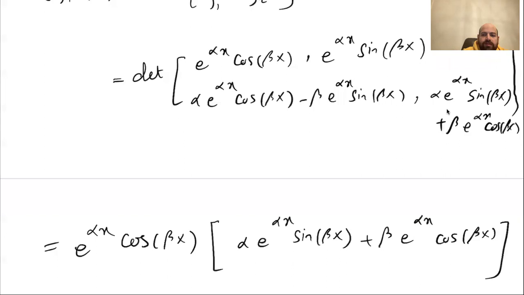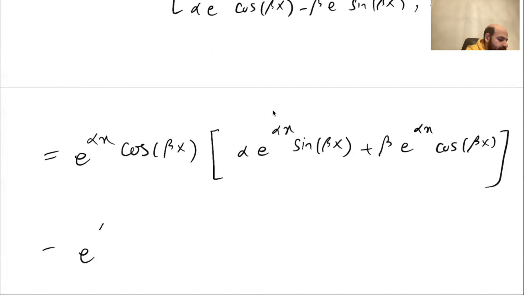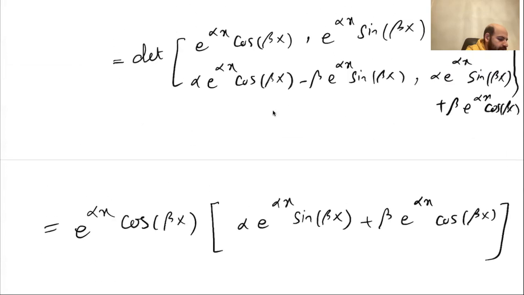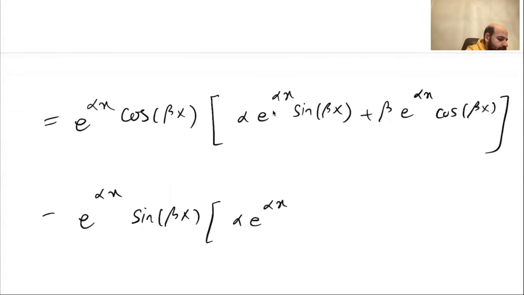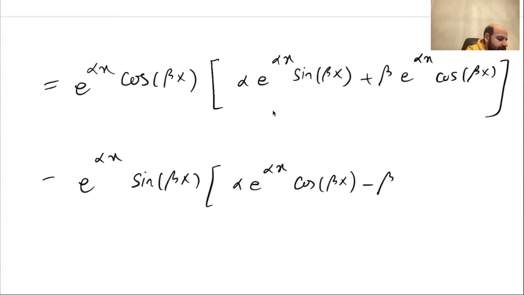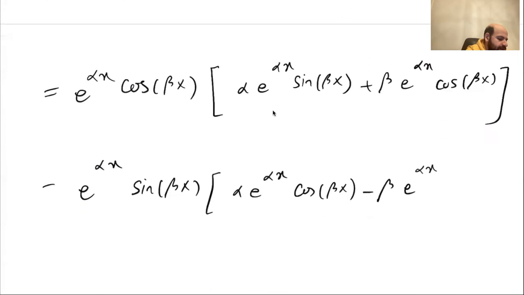So this guy times this guy, minus this guy times this guy. So minus e to power alpha x sine beta x times alpha e to power alpha x cos beta x minus beta e to power alpha x sine beta x.